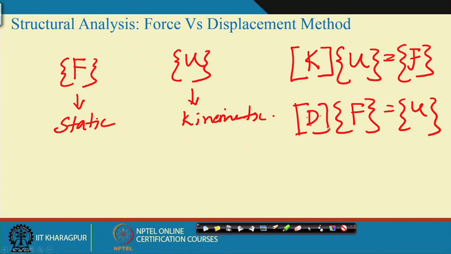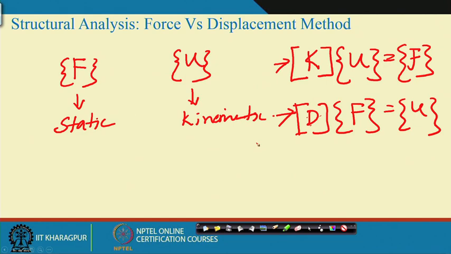Now, the main purpose of structural analysis is to find out either forces for a given displacement or displacement for a given force. Stiffness and flexibility are the properties of a structure. For a given structure, it depends on the material and the geometry of the structure. So, stiffness and flexibility, which is the inverse of stiffness, are known.